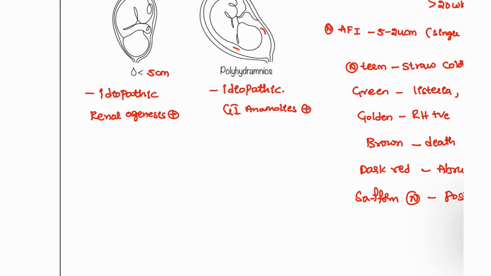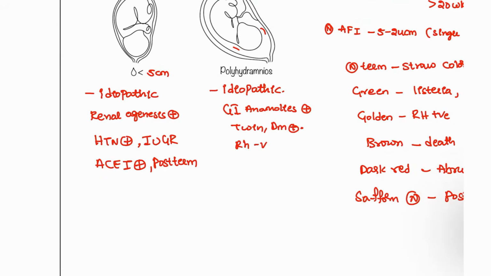Next, hypertension can cause oligohydramnios, and decreased growth, IUGR, could be another cause. Next, the mother taking ACE inhibitors can also decrease renal activity, and post-term pregnancies will also have decreased fluid. Coming to polyhydramnios, it could be twin pregnancy, diabetes mellitus, or Rh negativity. All of this will be seen in polyhydramnios.